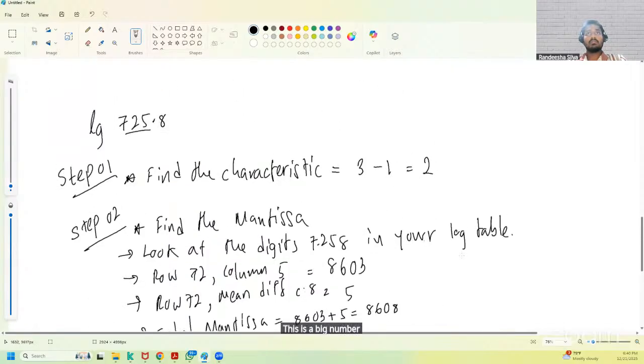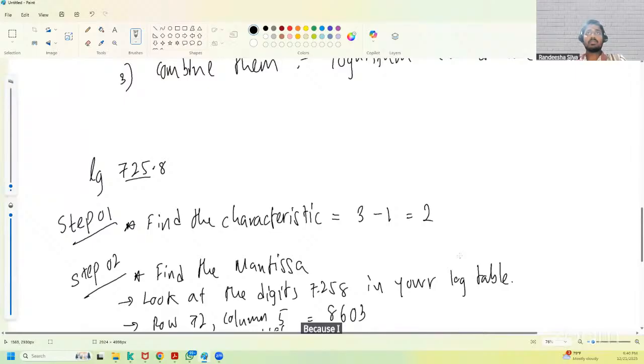As I previously mentioned, we take the 0 point as in 7.25. But here we found the characteristic, so we can write this as 7.258 times 10 to the power 2.